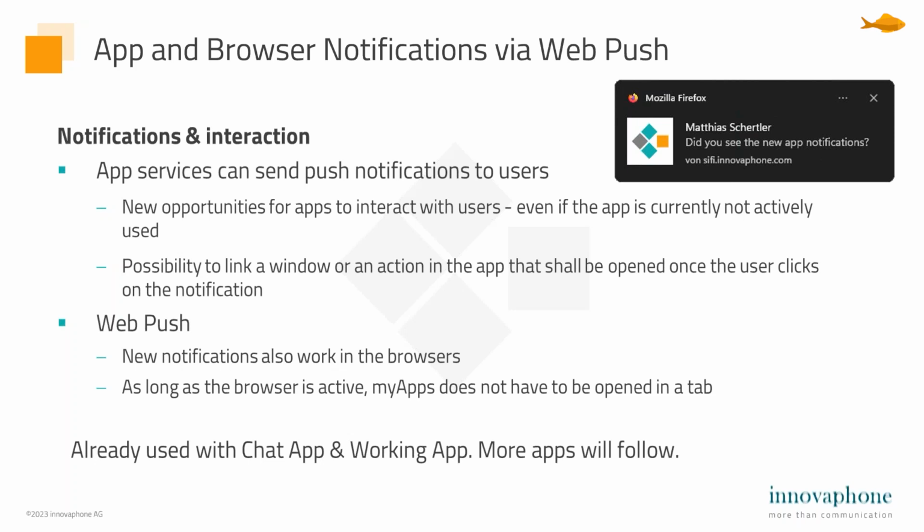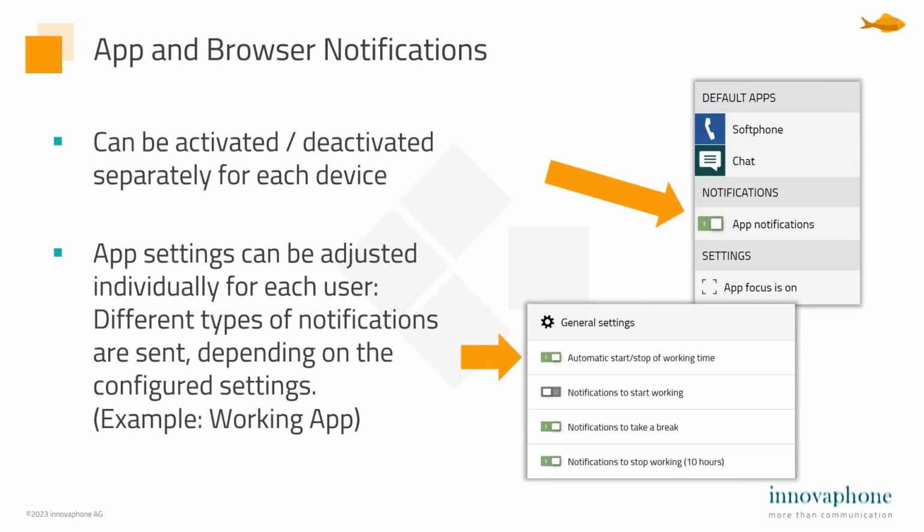Yeah, we have established that already for the chat app and for the working app. That Tobias mentioned that you will get your updates and warnings and so on, so that you're always informed about that. And the important thing is, of course, as always with innovaphone, you can activate or deactivate that as you want.